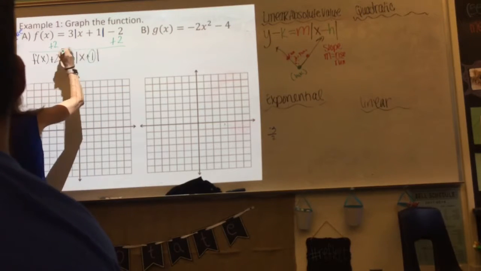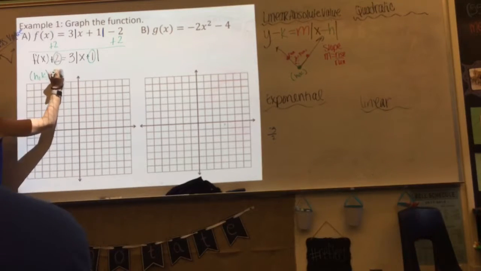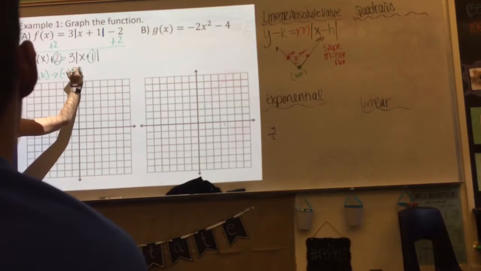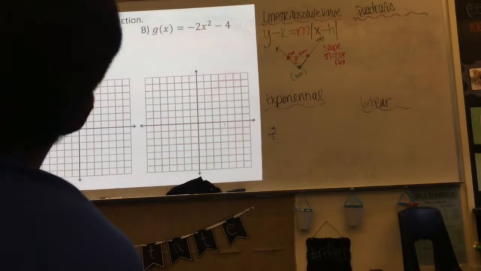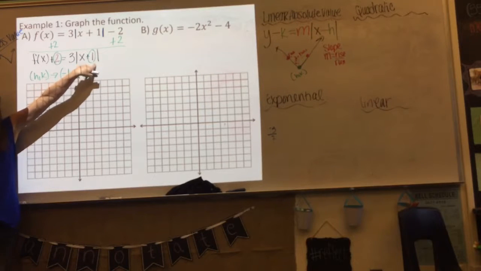So I get the 1 and the 2 from here, right? I'm going to tell you that it is actually -1 and -2. That was where I got all the confusion in my class yesterday. How many of you in Math 2 knew that this was the opposite? Good.